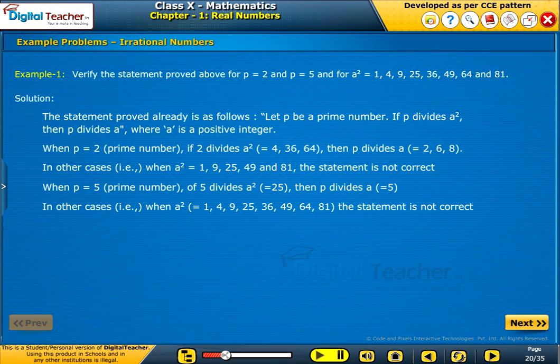In other cases, that is when a square equals 1, 4, 9, 36, 49, 64 and 81, the statement isn't applicable.